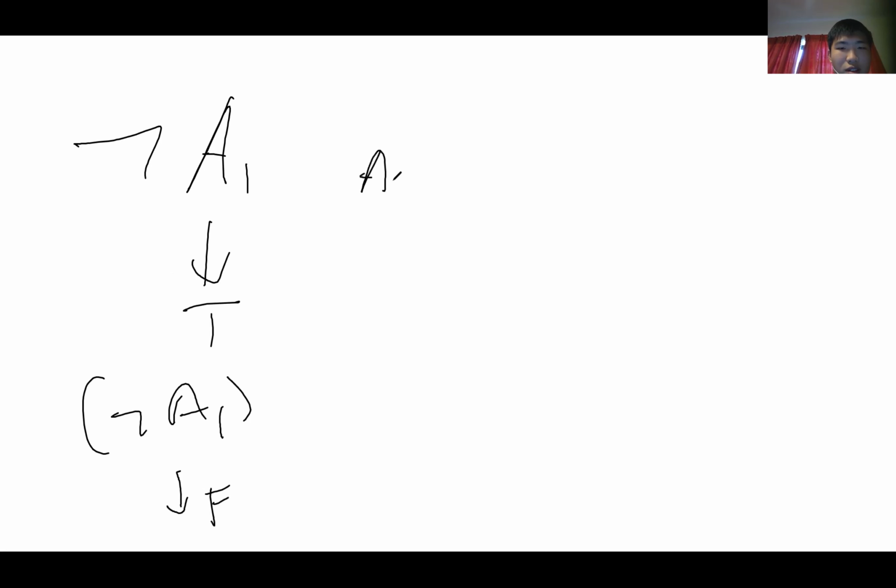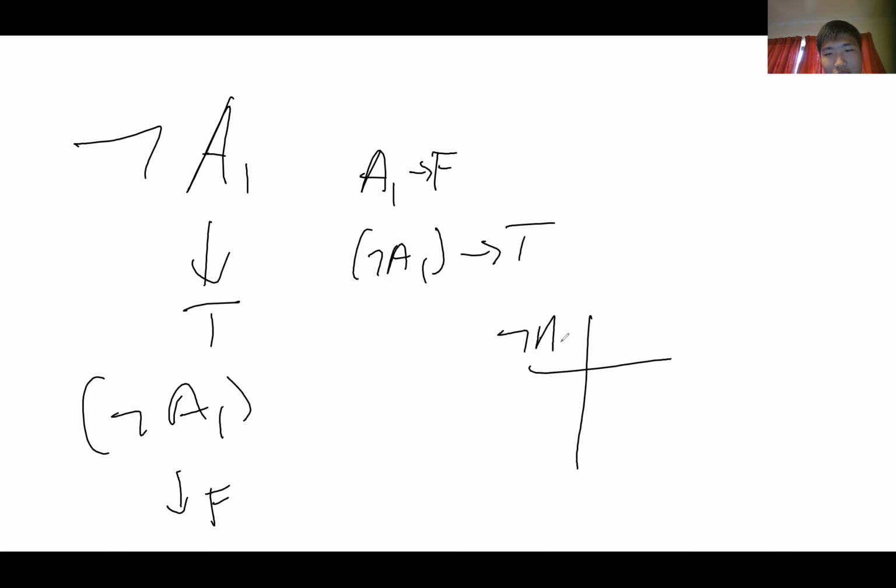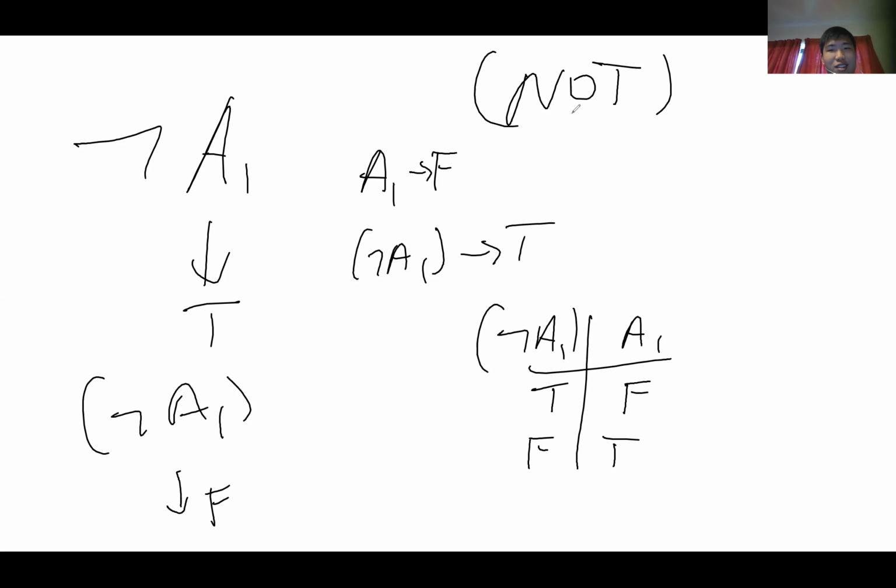So if A1 is false, then not A1 is true. Okay, so I mean, this is a pretty simple truth table. You just flip it, and true is false. Pretty intuitive, right? I mean, same as the not in English.